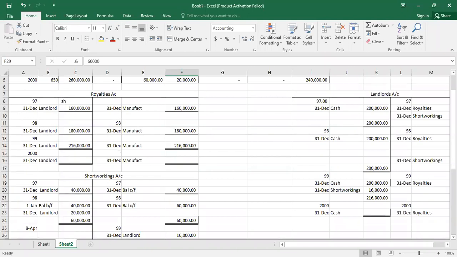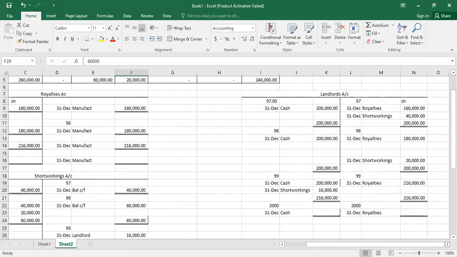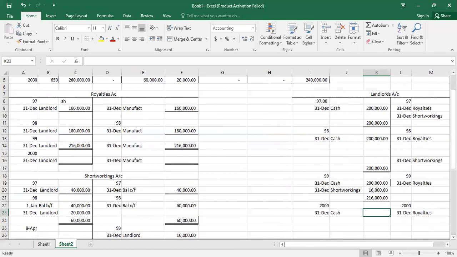The 2000. The books of the, or we haven't done the 2000? Yes. I'm looking at the landlord's account. So we can go to the last one. That one has been reflected.